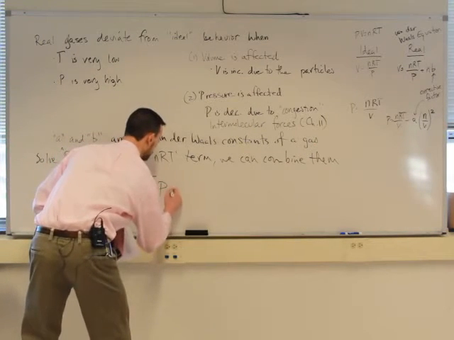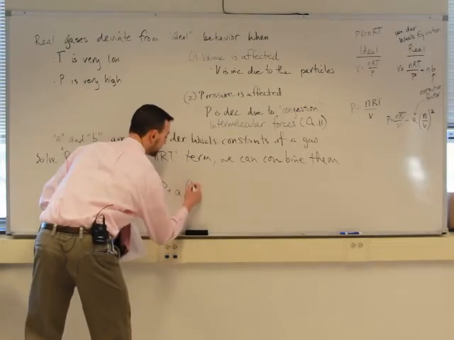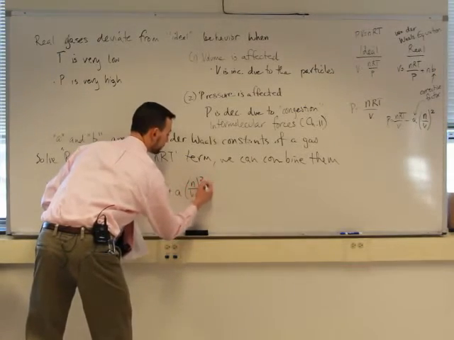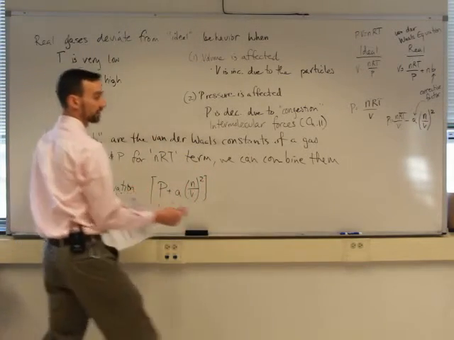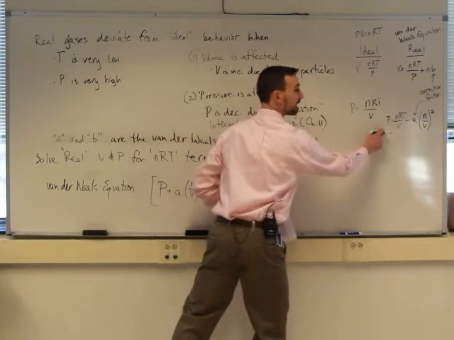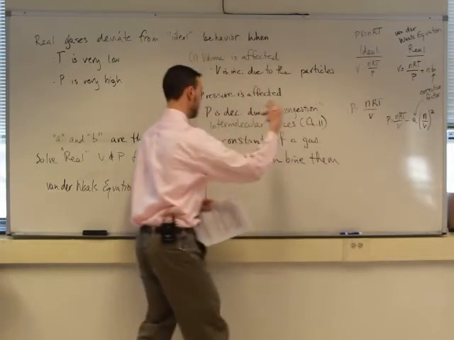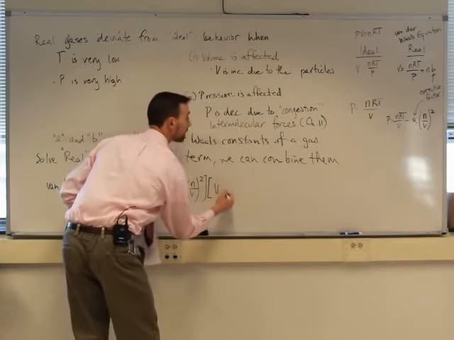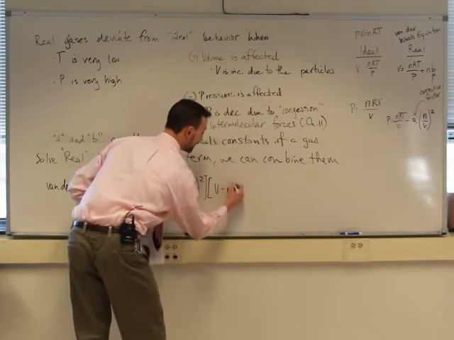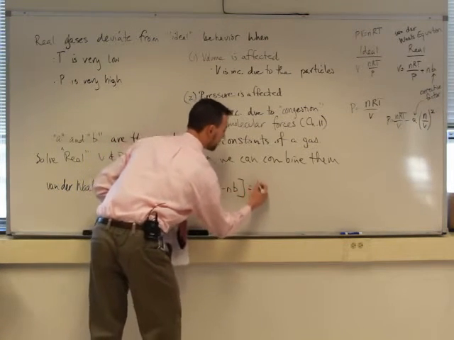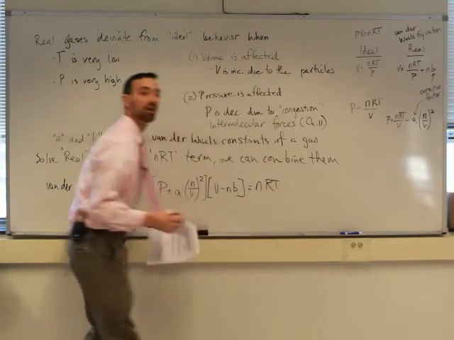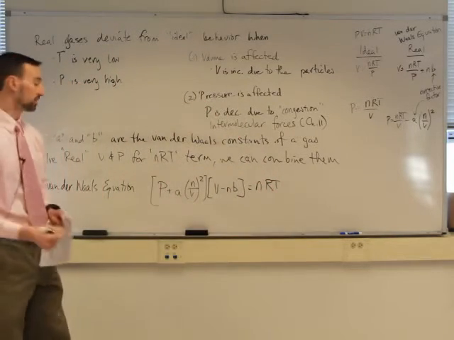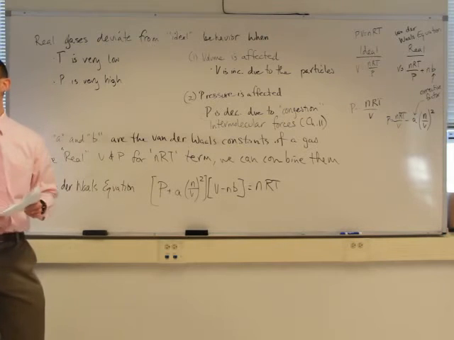The pressure would now have the A n squared divided by V squared added to it. So we can see that this would come over to here. All right? And then it would get multiplied by the V. And then the volume would then have the nB subtracted from it. So then that's what would equal nRT. Okay? So this becomes the van der Waals equation.